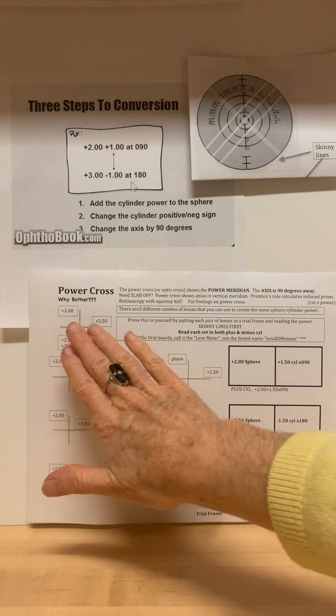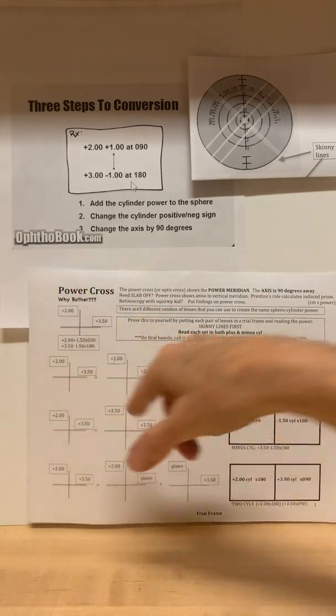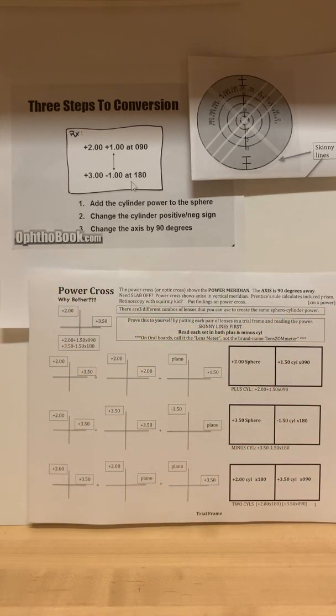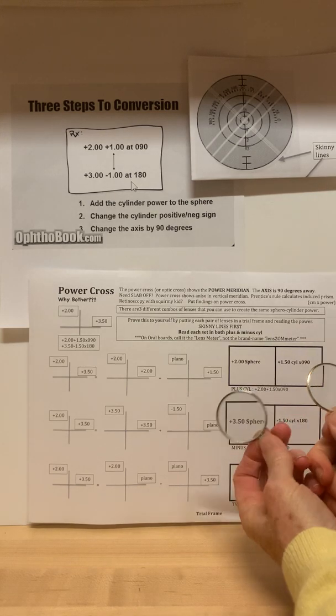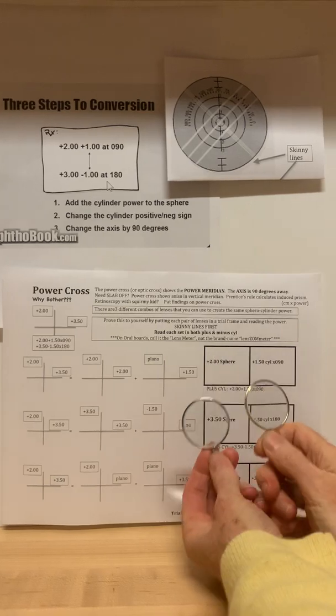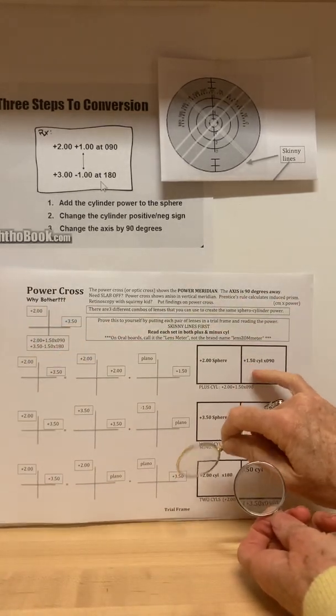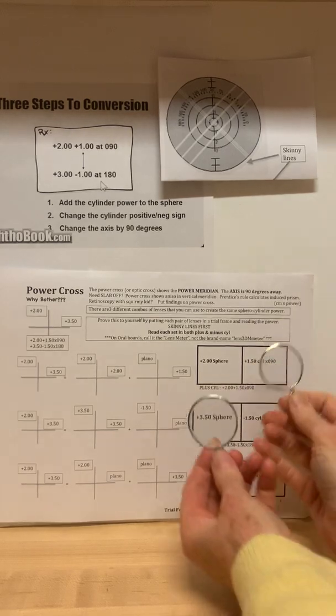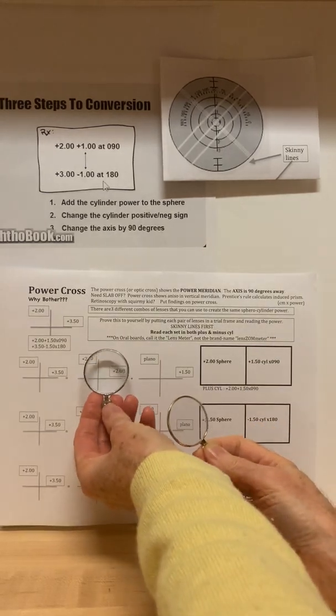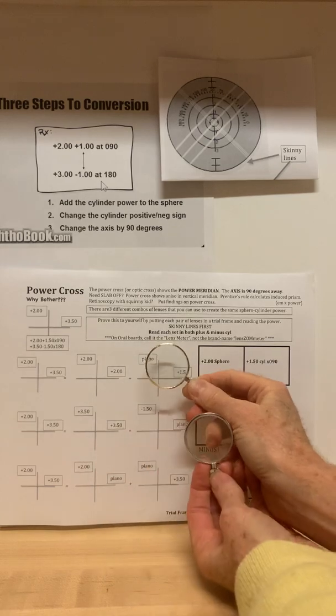So the power cross shows what power is in each meridian. We can create the lens by using loose lenses. If we take a +2 sphere and lay on top of it a +1.50 cyl axis 90, I have +2 power in all meridians here.